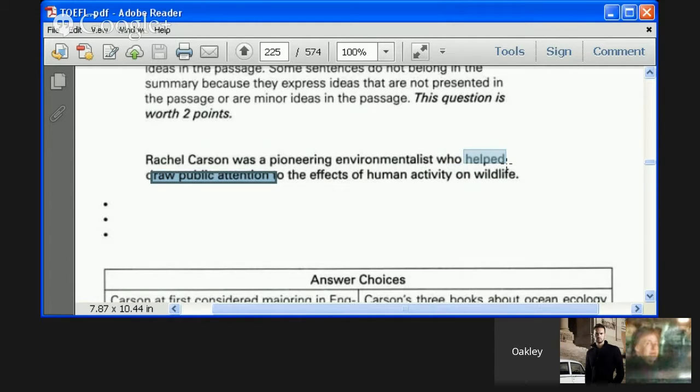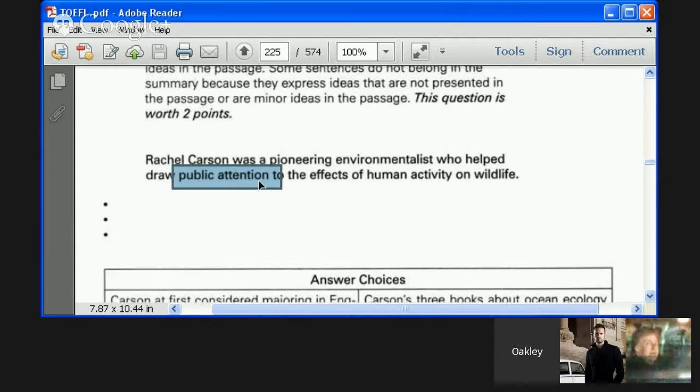So this is important. Look at your verb and your object noun. All of my answer choices have to match the idea that she gained a lot of public attention, she drew attention, she informed the public.